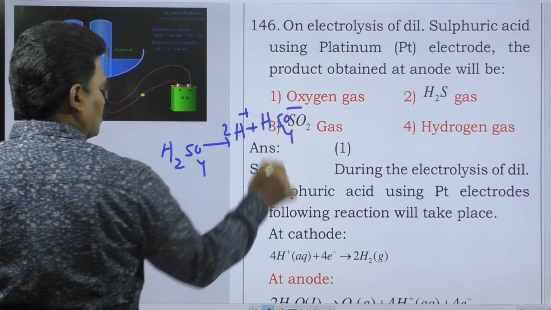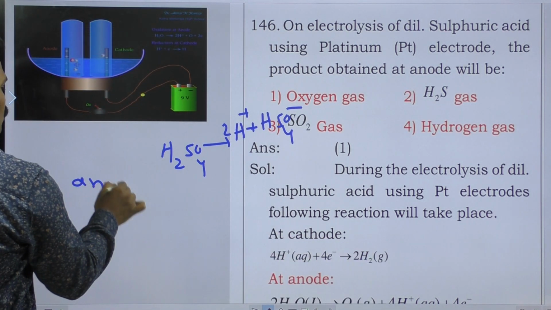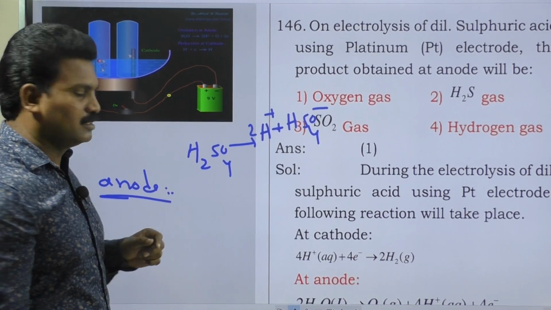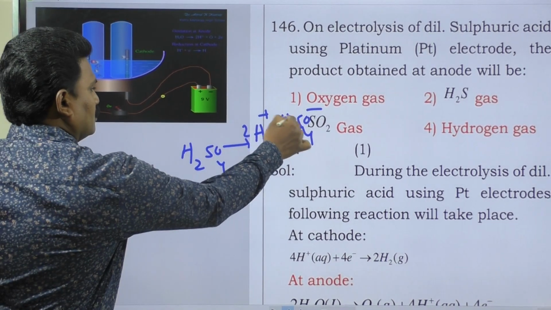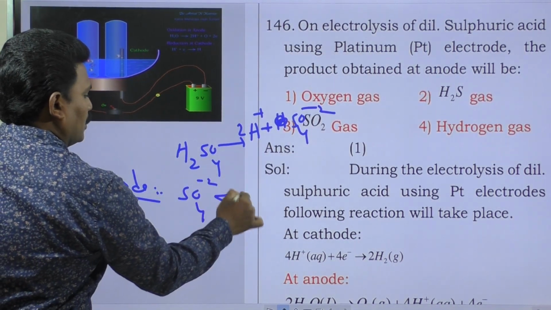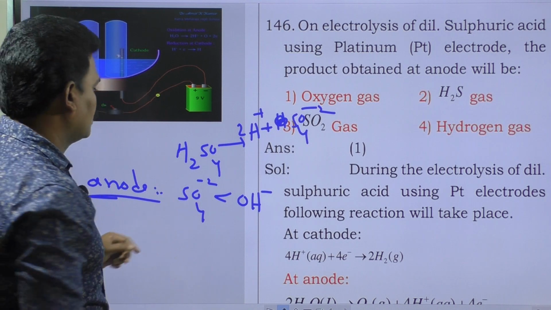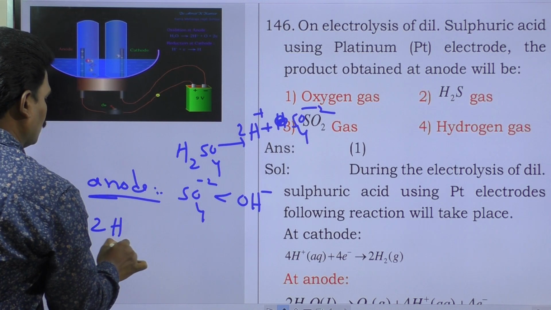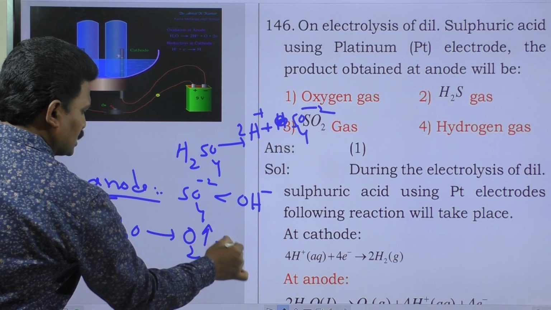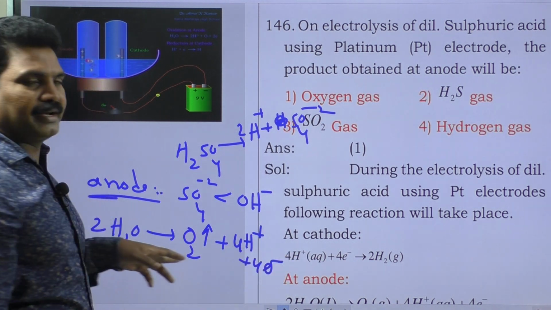Anode is a positive electrode, it attracts the anions, that means sulfate ion or OH minus. But OH minus is higher in deposition order compared to sulfate ion. So 2 moles of H2O give rise to O2 gas plus 4H plus and 4 electrons. So oxygen gas is liberated at the anode.